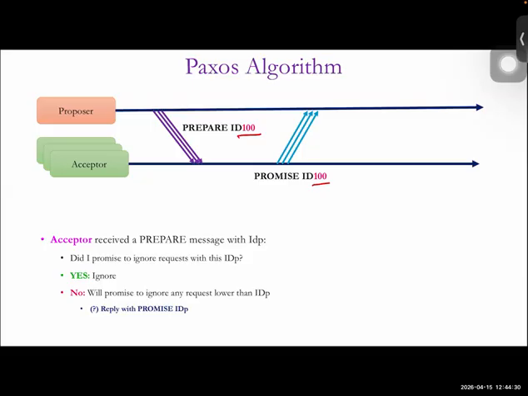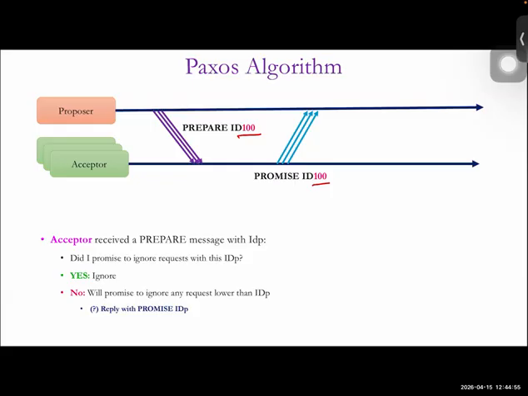It also reports the highest accepted proposal. So the acceptor now promises not to accept any proposal number lower than 100. That is phase one, the prepare and promise phase.